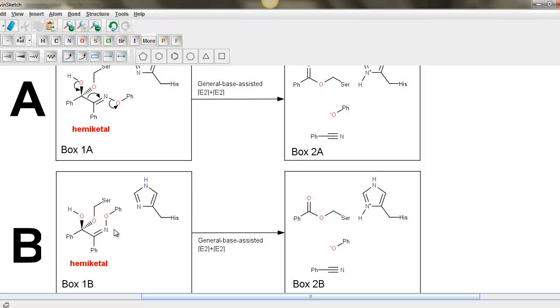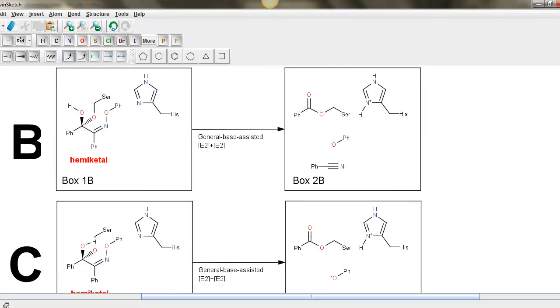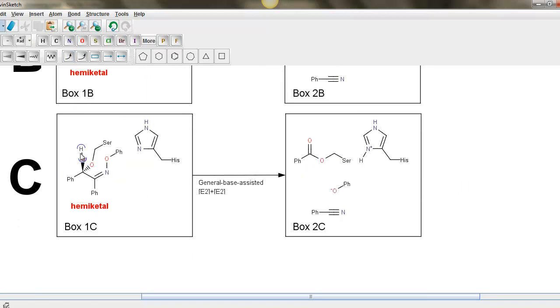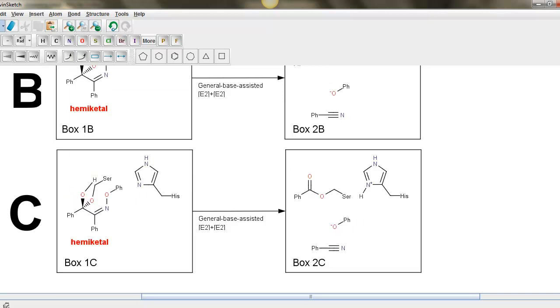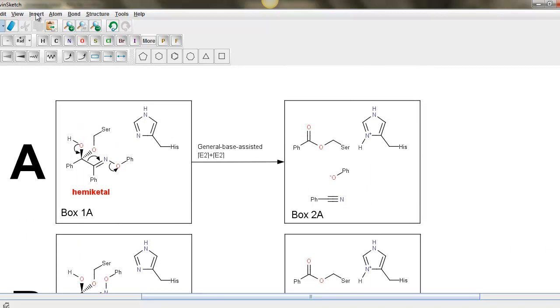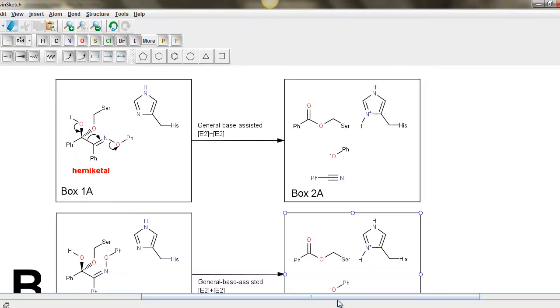So yeah, this looks right because they need to be anti to each other, and this one we can rule out because, okay, I see, this is over here, and it looks like A should be right, so I'm going to erase all these.